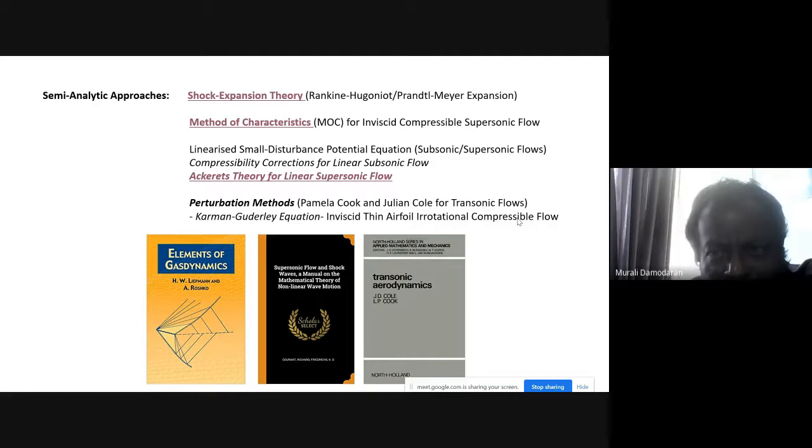And it's all in the transonic regime, which is really not that easy. And one of the things they were looking at is the transonic thin airfoil theory, the equation which is based on similarity analysis. There are many alternative forms. So the Karman-Guderley equation is what was focused on by that.